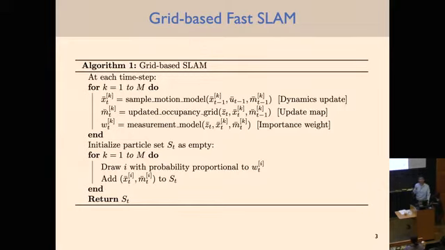So that particle consisting of the pair of location and map, we add that to S_t. So I guess the last part is identical to particle filtering as we saw it before when we applied it to localization or state estimation more broadly. The only distinction here is that the particles contain more information. So previously, a particle was an estimate of the location. Here, a particle is location and map. But the last for loop is identical to what we had seen before.